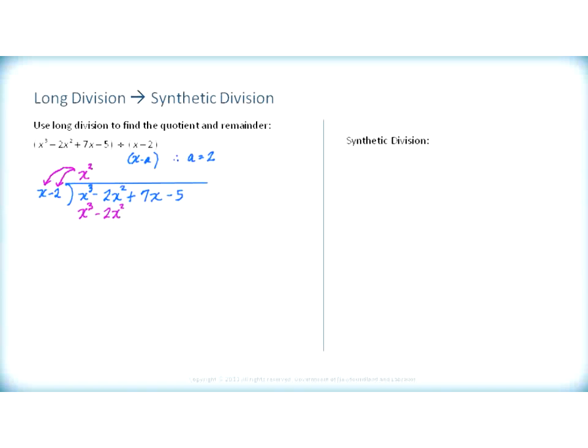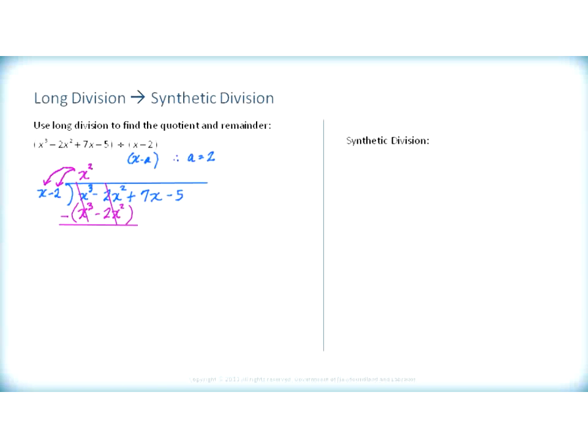Then we need to subtract all of it. And we have x cubed minus x cubed is 0. Then we have a minus 2x squared minus a minus 2x squared will again equal 0.